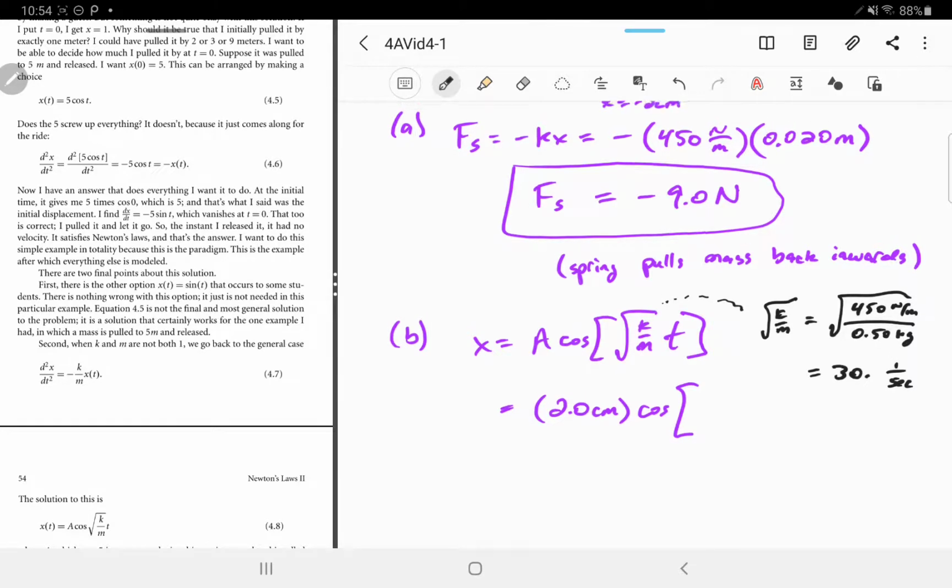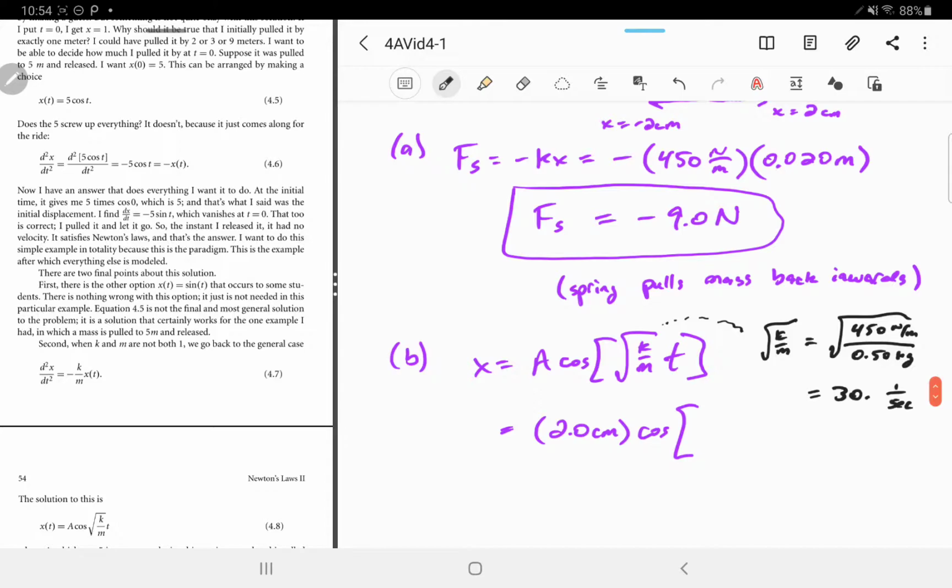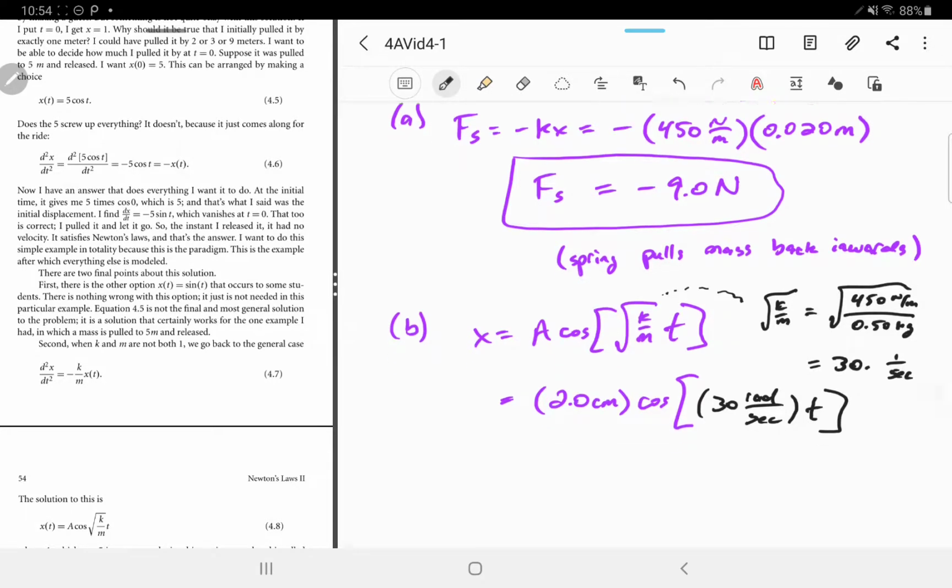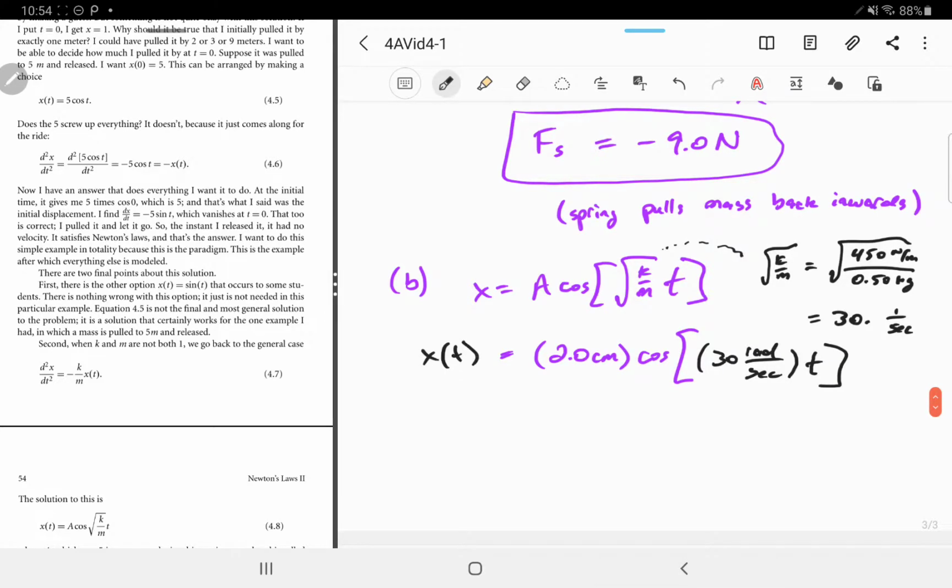The nice thing about radians is that it's sort of the most natural unit. So you might see radians per second, or you might just see 1 over seconds. So this is 30 radians per second times t. Right? So this is x at all times.